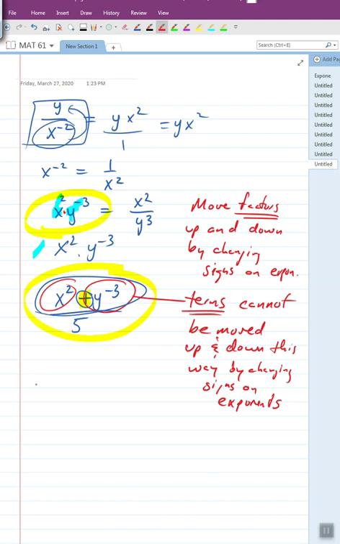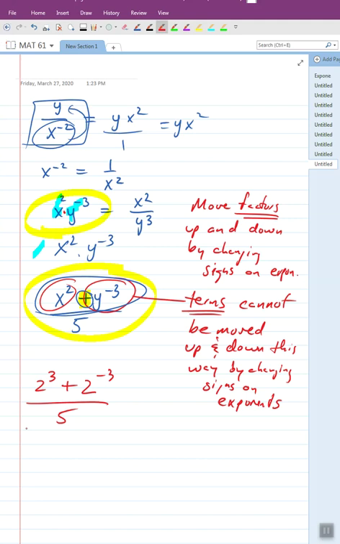I mean, think about it. If I have 2 cubed plus, let's say, 2 to the negative 3 over 5, think about what that is. Kara says, so if there's a negative exponent, we'll have a fraction.